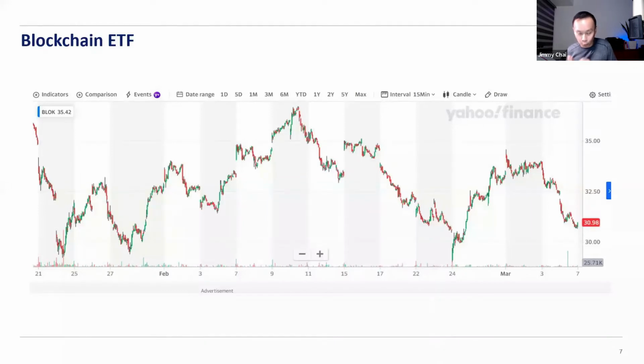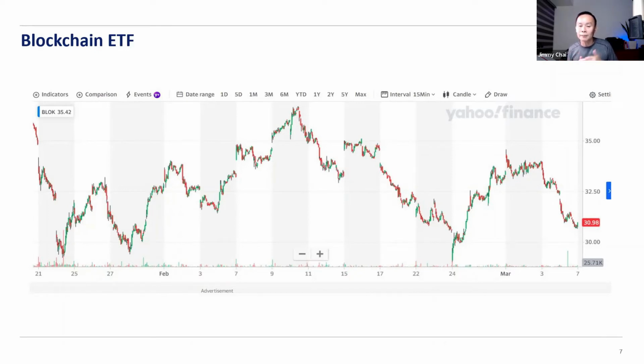Although I do encourage, when you invest in an ETF, that you look at the companies inside the ETF as well. But this chart itself shows the blockchain ETF, and if I overlay this with the Bitcoin BTC price chart, it actually follows this pattern very, very closely.